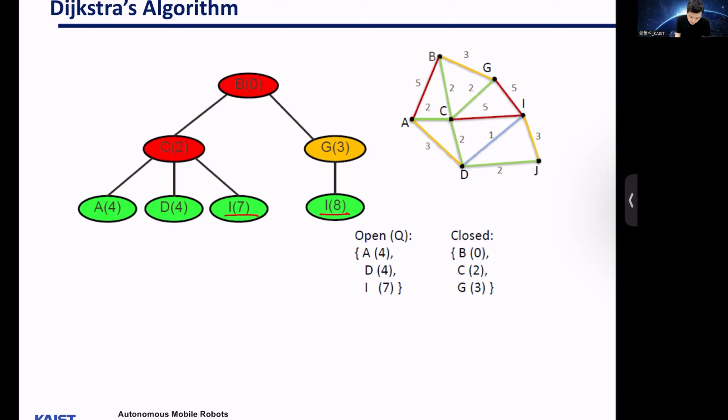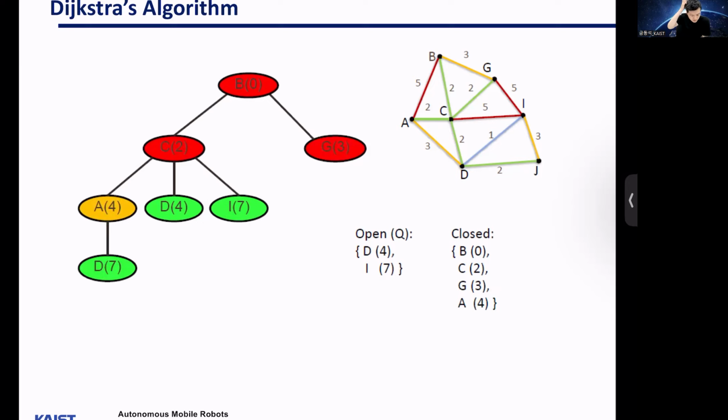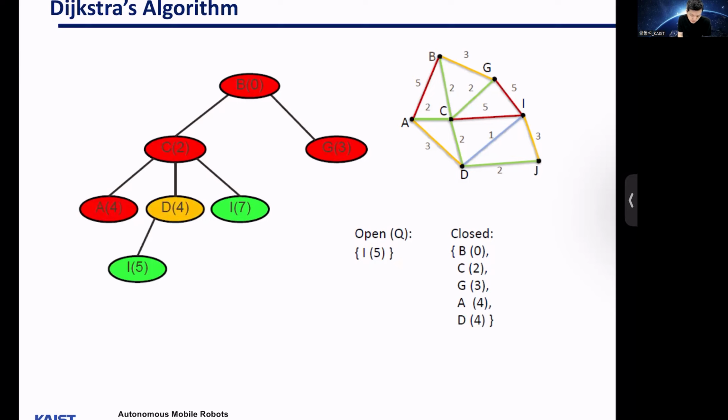So we can remove this branch, okay? We're going to continue. So starting from A, we have D, but that's worse than this one, 4. And then so we are going to stop here.